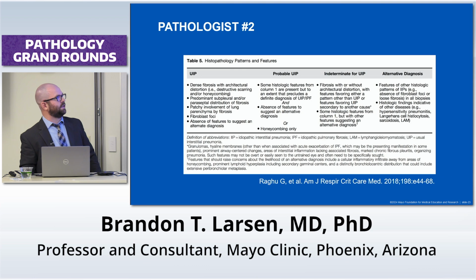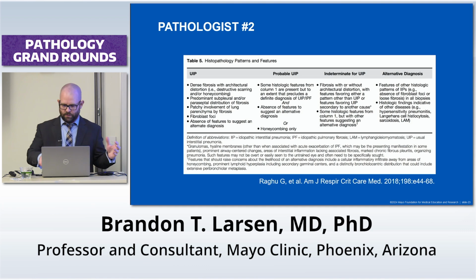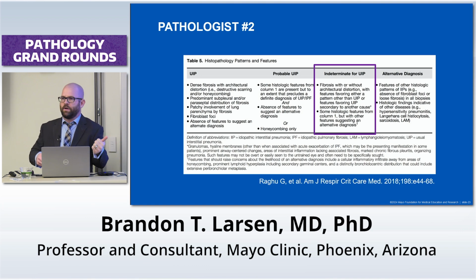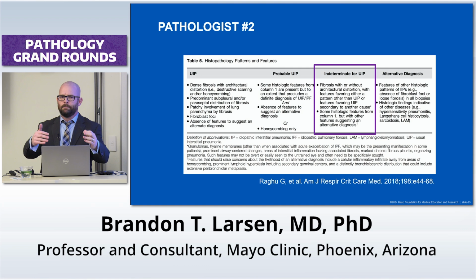Pathologist number 2 gets the case and says, there's a bunch of features of UIP here, but there's also a granuloma. And I'm worried about that granuloma. That could be something else. That pathologist classifies this as indeterminate for UIP based on current criteria, which don't actually delineate how many granulomas are too many granulomas, or the characteristics of the granulomas, or all these other more minor characteristics.